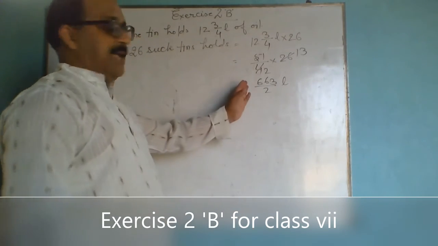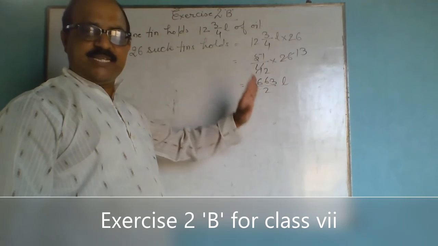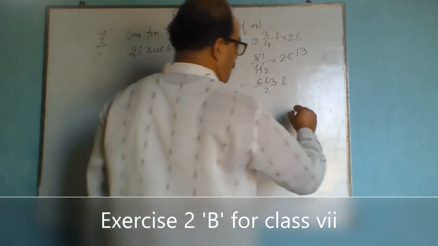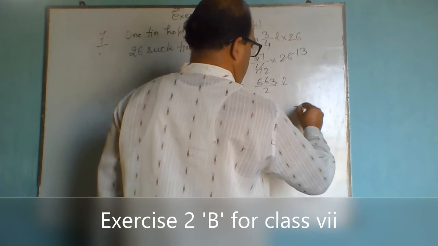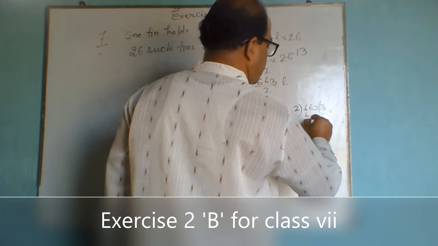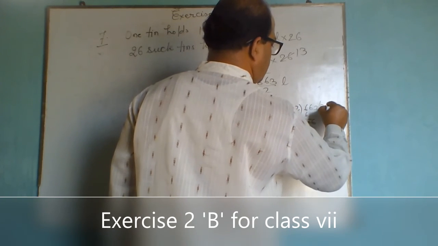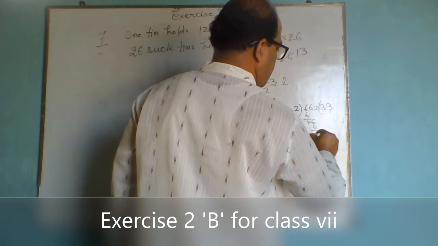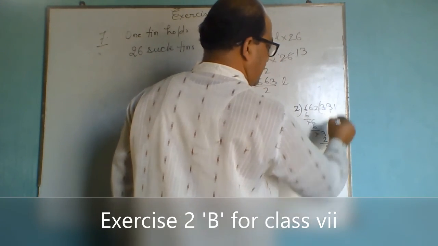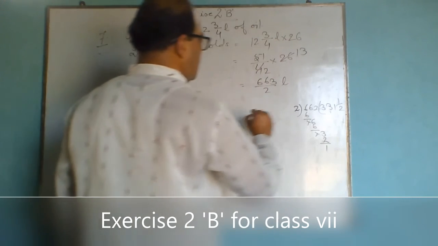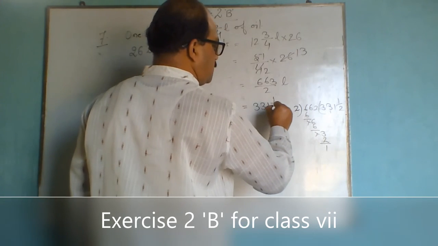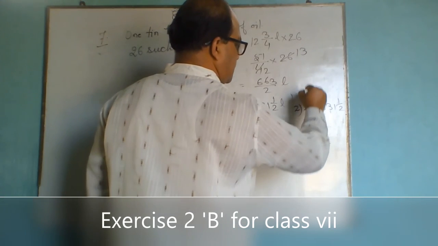This one is an improper fraction, so we have to change it into a mixed fraction. Two threes are 6. Again note down 6. 2 threes are 6 and 3 here. 2 ones are 2. 1 is in the remainder place. So this one, 331 whole 1 by 2 liter, is the correct answer.